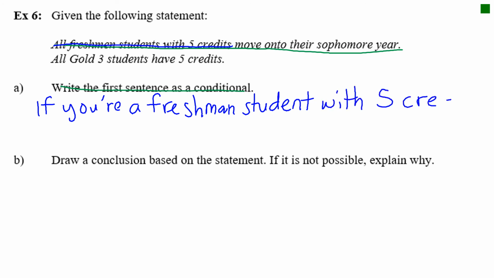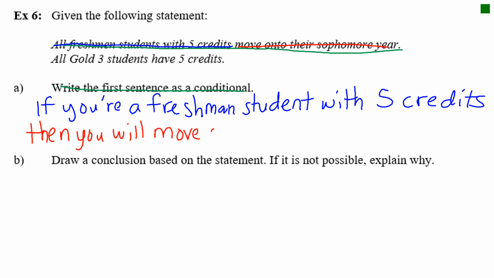Okay, so there's my hypothesis. My conclusion is then you'll move on to sophomore year. If you're a freshman student with 5 credits, then you'll move on to sophomore year.